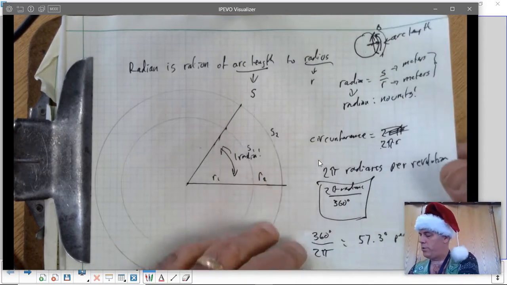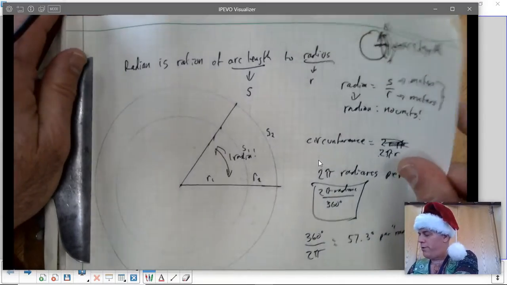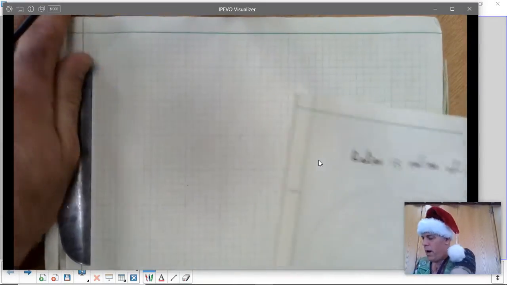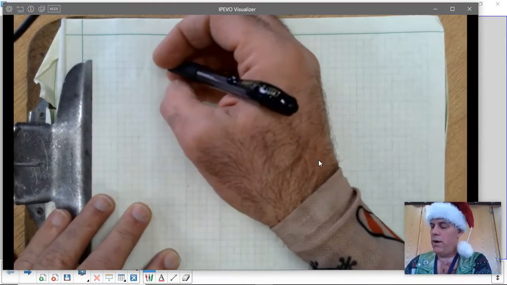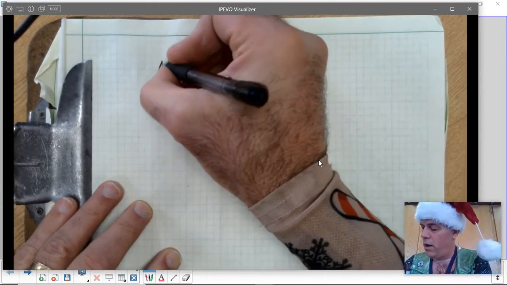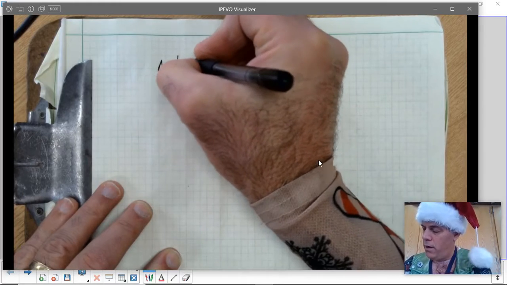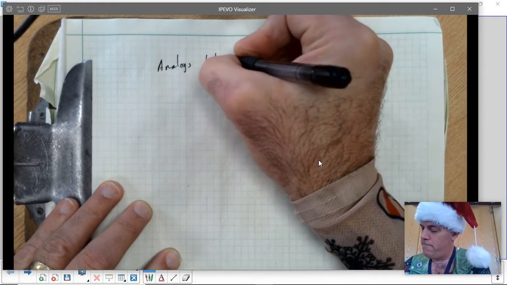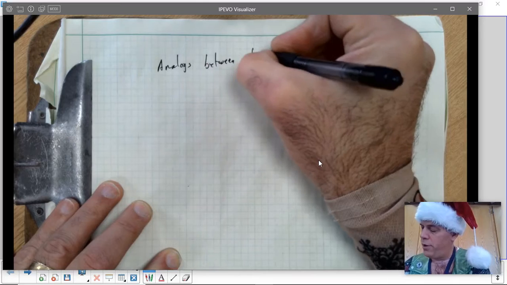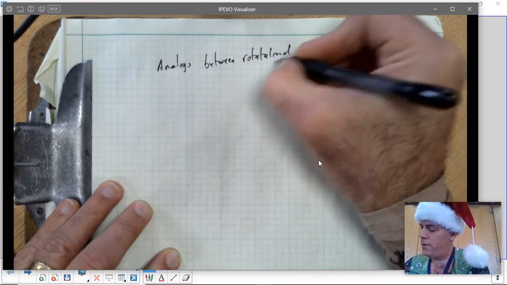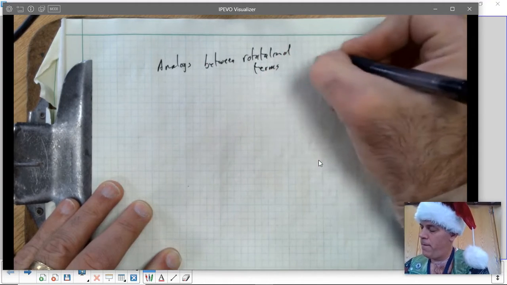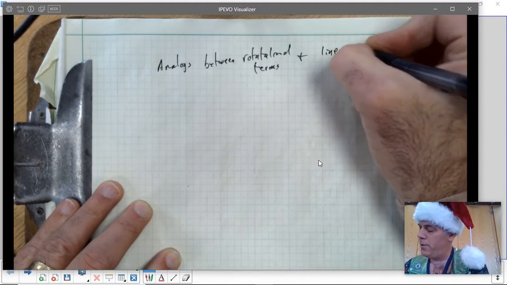Now, yeah, let's go to some symbols here, and then we'll run through a problem or two. Okay, now it turns out that there are parallels or analogs between rotational terms and linear terms.